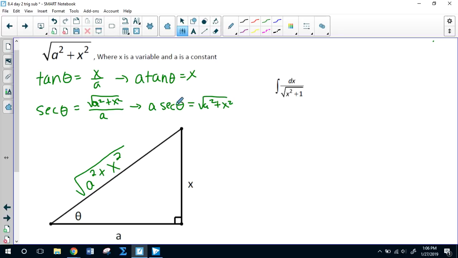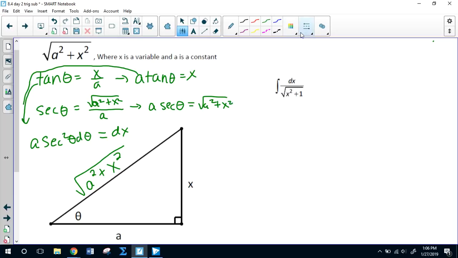So I've got those two things defined. And then finally, I do need to have something written for the derivative because I need to have a dx. Let's actually use this one. So the derivative of tangent is secant squared. So a secant squared theta d theta is equal to dx.